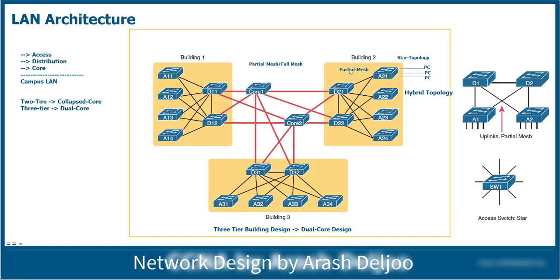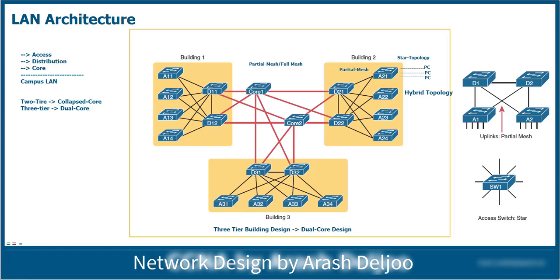Maybe the distribution switch is using a hybrid, in one side partial, in another side full mesh. But if both sides are using the partial mesh, we can say that the distribution switch is working with the partial mesh topology.